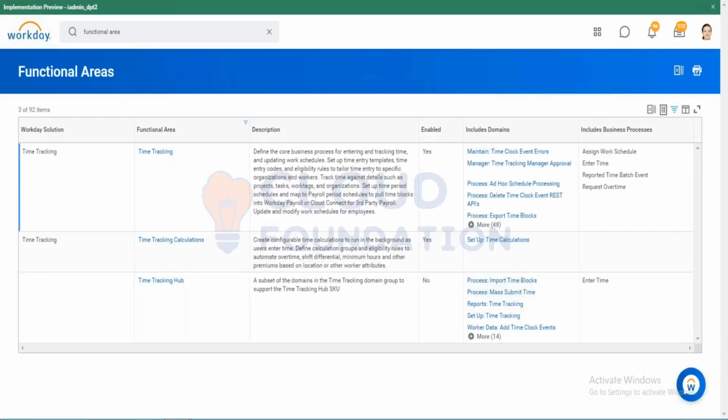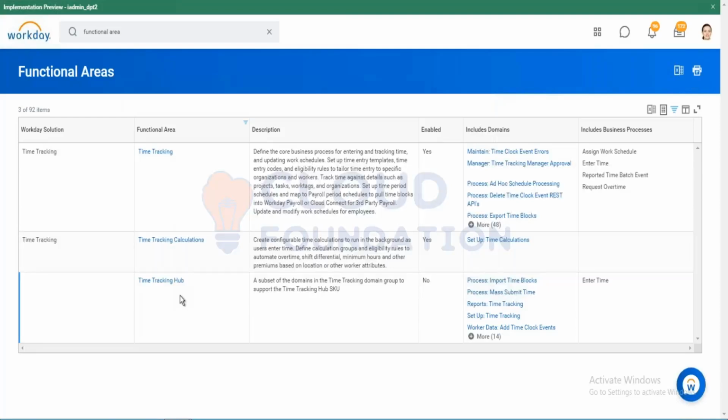And this third one, time tracking hub, what is it? There are some clients who are flexible about using their own previous systems, for example Oracle, which is also an ERP and HRIS system, or Kronos, the best example. Kronos is known for time tracking, the Kronos clock. Also PeopleSoft and SAP systems.